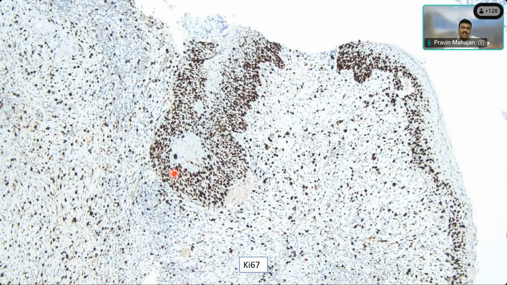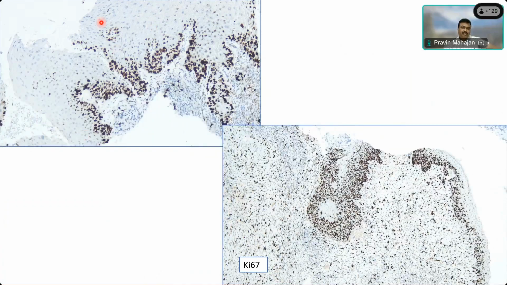Ki-67: you see the area which shows dysplasia or squamous carcinoma in situ has Ki-67 going almost up to the surface. So it is a very nice way of showing that this is completely dysplastic. And even in the spindle cells, there are a lot of cells showing Ki-67 expression, compared to the normal looking squamous epithelium, where Ki-67 is usually limited to the basal layer.